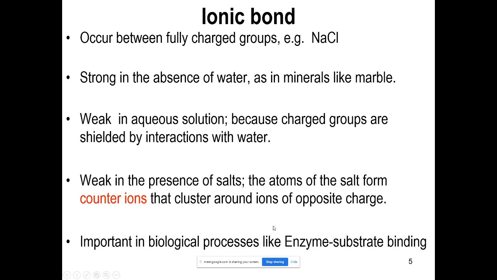However, this ionic bond is important in several biological processes. For example, enzyme substrate binding, antigen antibody binding, and the others. When it comes to execution of function, we need an ionic bond. So when we study enzymes, we will look at enzyme substrate binding and antigen antibody binding. Those interactions are enabled by weak forces such as an ionic bond. Okay?